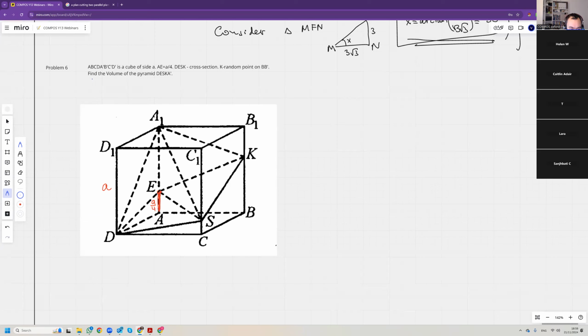So this point is fixed, this point is fixed. But K is a random point, so K is allowed to move up and down effectively. That also means that point S moves, because if K moves, then S moves as well. So K is not fixed and S is not fixed.